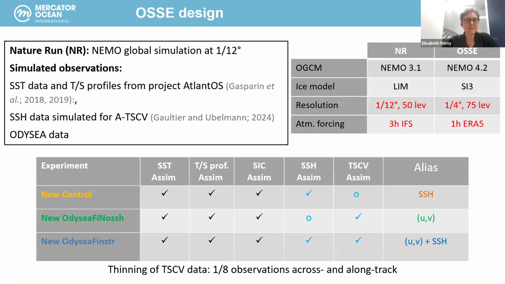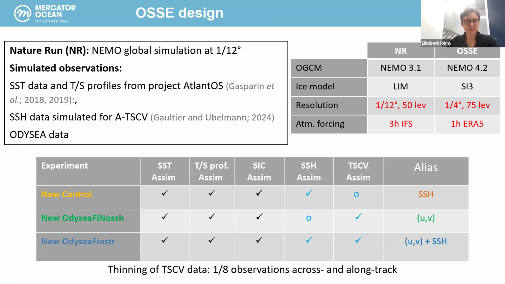So here is the set of experiments we did. In the first part of the talk, I will look at the difference between an experiment assimilating the present observations, so I mean SST, temperature and salinity profiles, sea ice observations, and SSH.